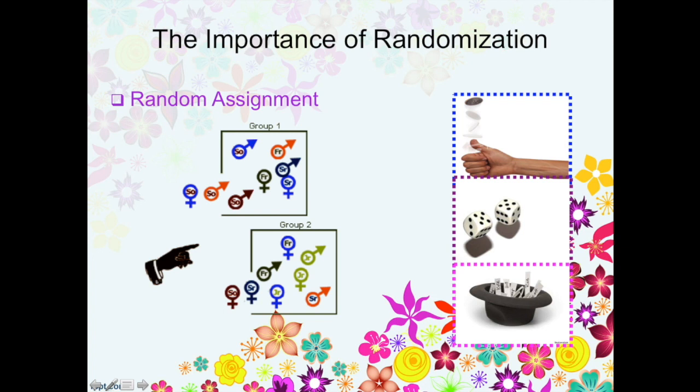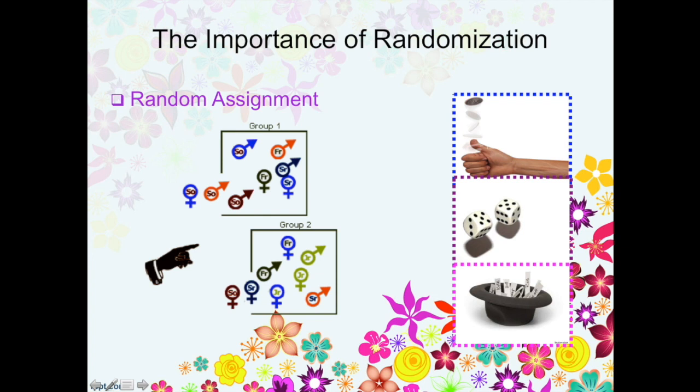Consciously or unconsciously, we all, of course, want our hypotheses to be supported, and so we might unknowingly, or if we're shady, knowingly, put people into the experimental group that we think are going to demonstrate the behavior we're looking to find. So there's shady ways to do group assignment, but random assignment kind of avoids any of that.